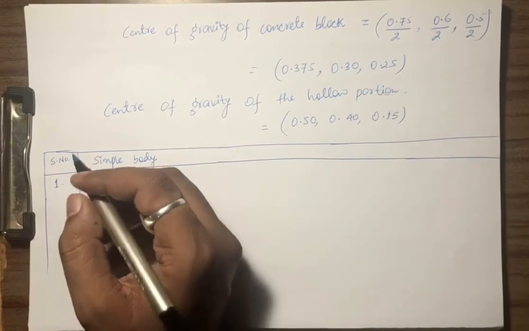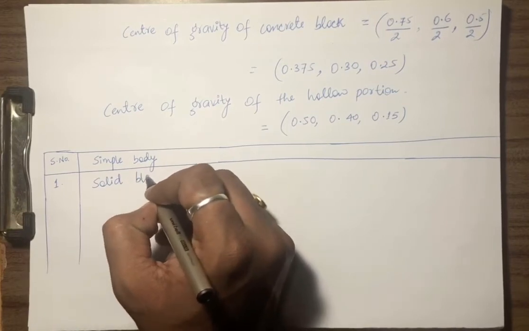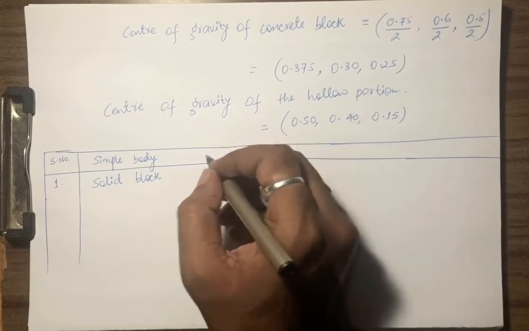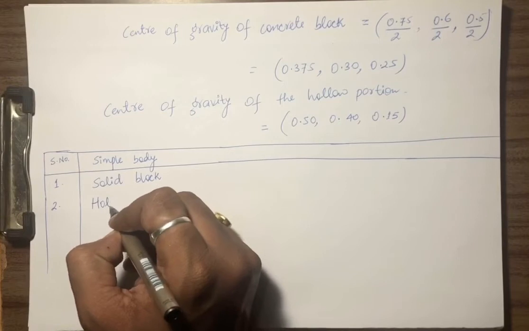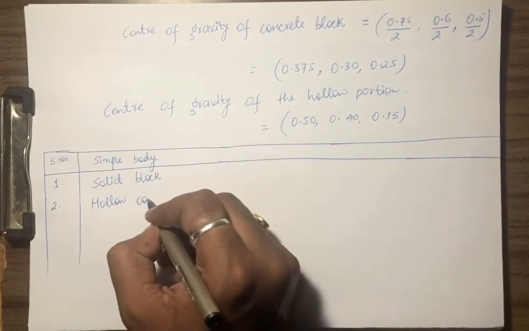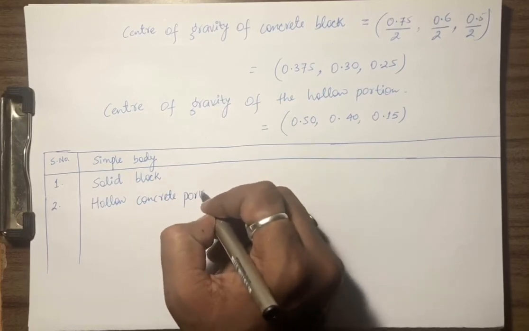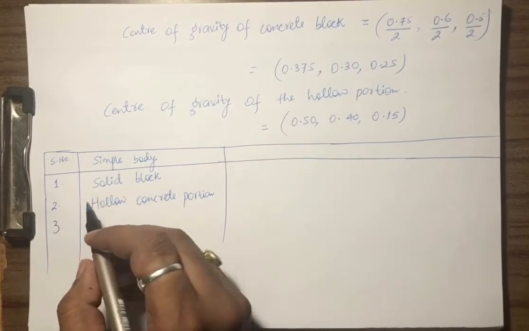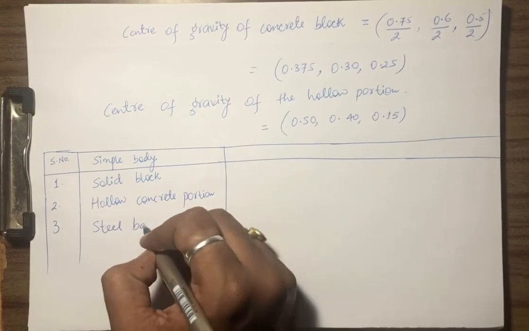First is the solid concrete block. Second one is the hollow concrete portion, and the third is the steel balls.